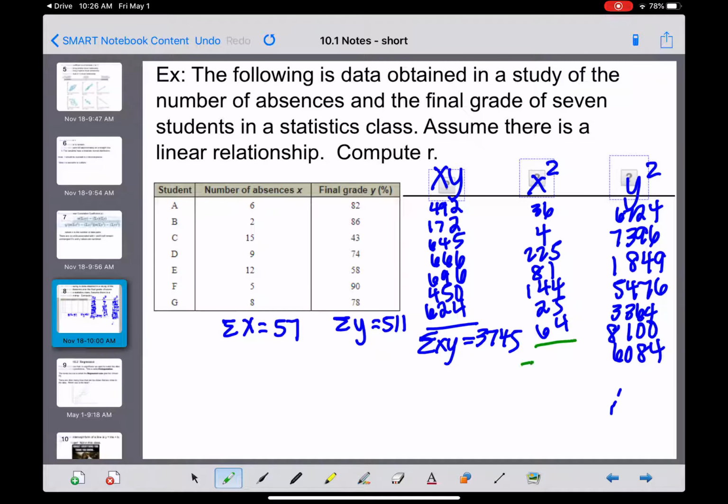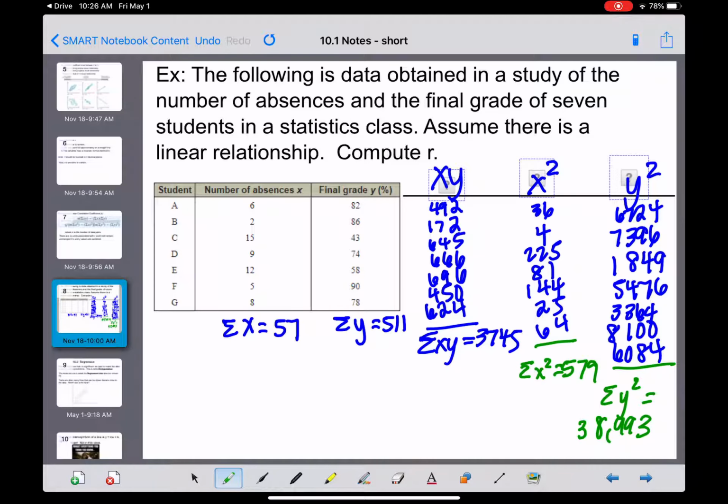We add the x squareds, and we get 579, and we add the y squareds, and we get 38,993.